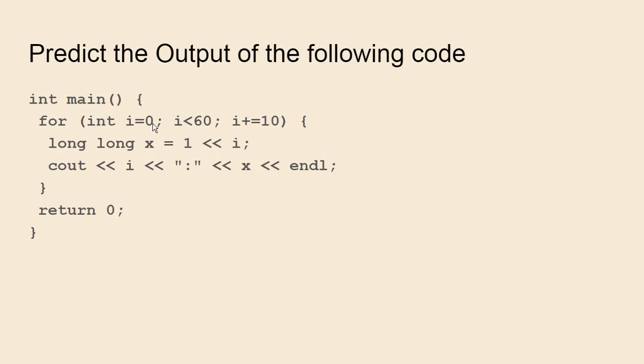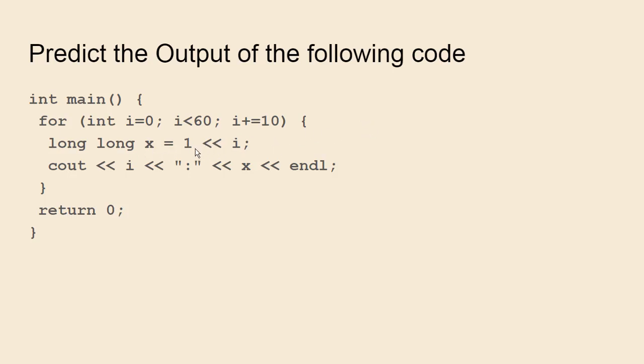It goes from 0 to 60 at intervals of 10. So this will print out 2 to the 0, 2 to the 10, 2 to the 20, 2 to the 30, 2 to the 40, 2 to the 50, right? That was the intention.